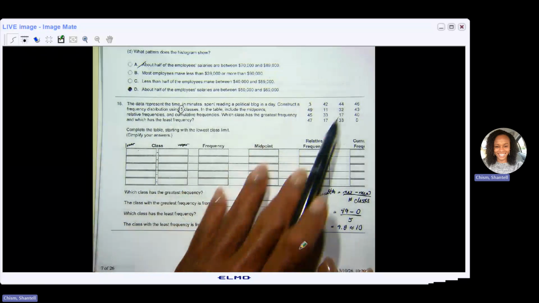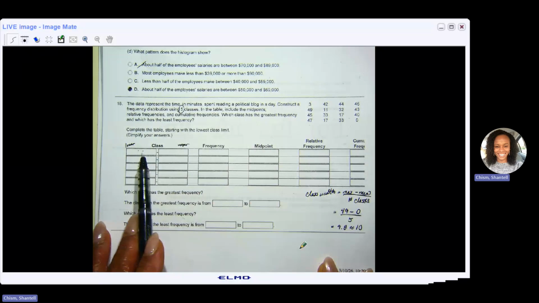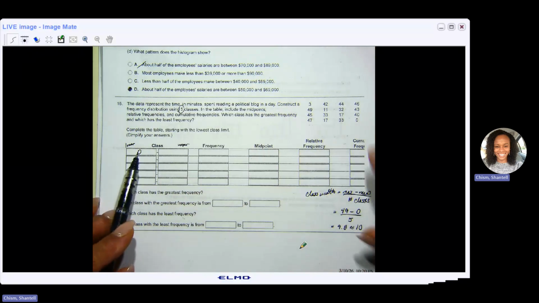You're counting how many data values belong to the first class, or how many range between 0, the first class lower limit. We start with 0 because that is the minimum data value. Your first class lower limit should always start with the minimum data value from the set.